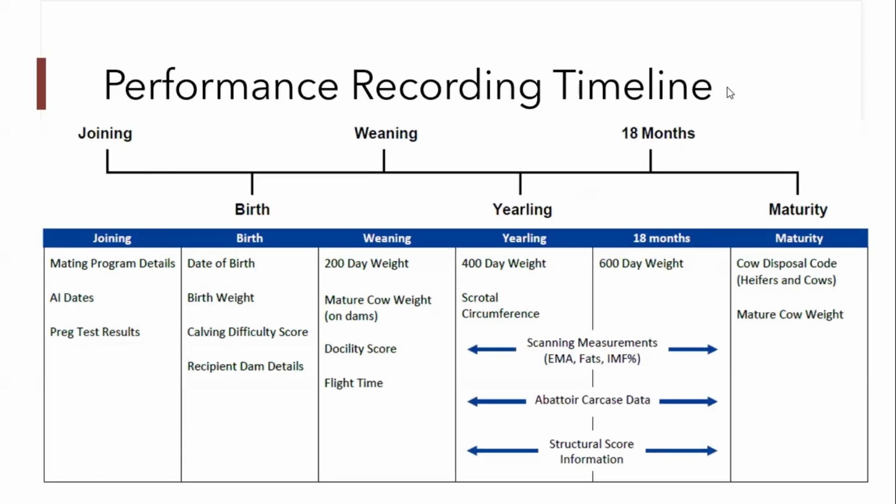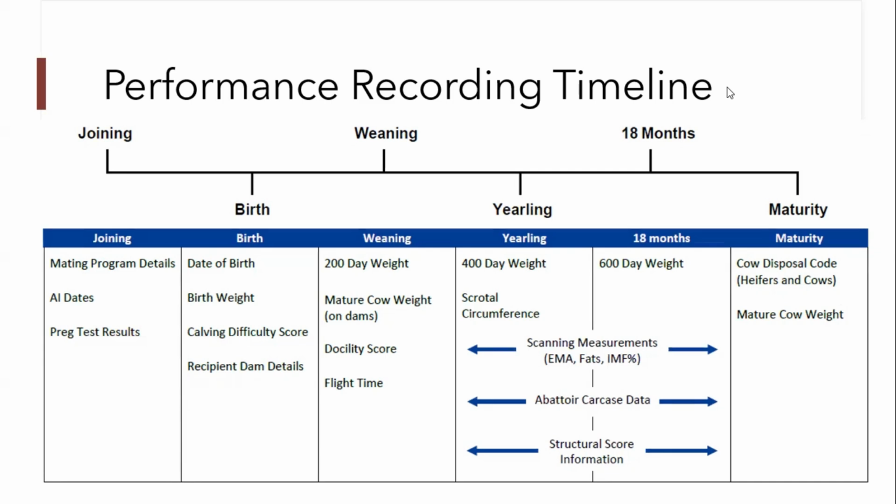This is just an overview of the recording timeline that BREEDPLAN gives us. There are a number of traits that normally go together that you record at the same time.